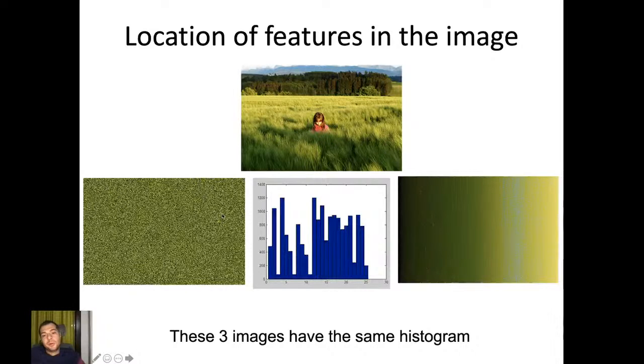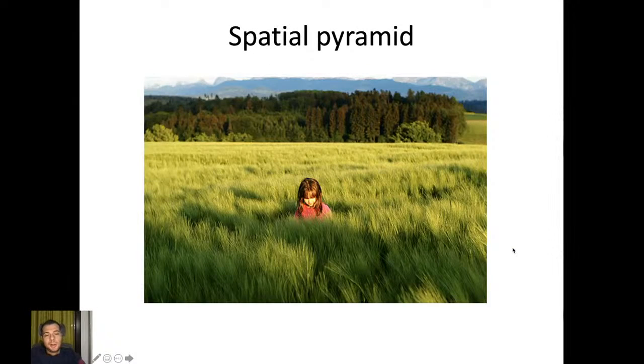For example, all these three images have the same histogram representation, but they visually are very different. This is a natural image, and these are images with noise, and it's really not any object that you can identify here. A way to recover this spatial information is to use a spatial pyramid.